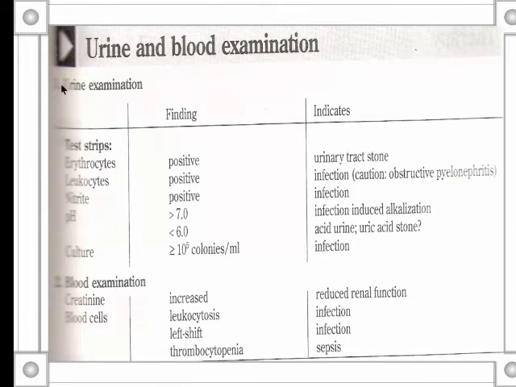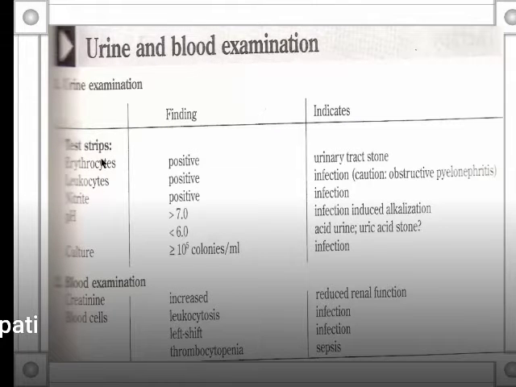Urine examination is one important examination in all patients of urolithiasis, to see whether the patient has a urinary tract infection. If there is infection, they will have recurrent, quick stones, so we have to treat that infection. These strips are available.